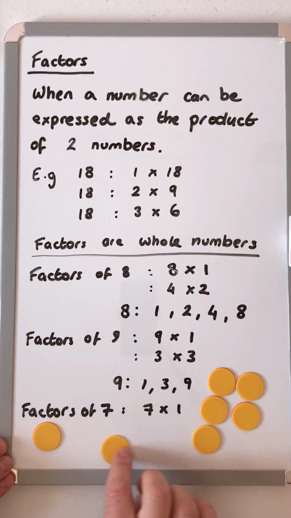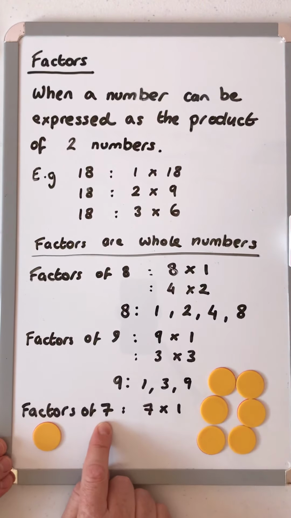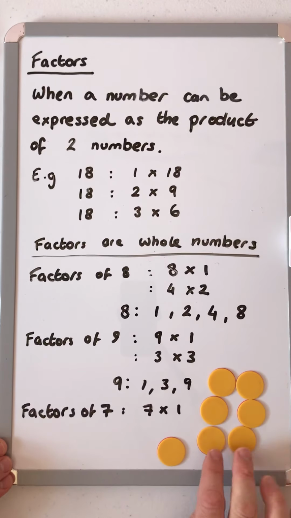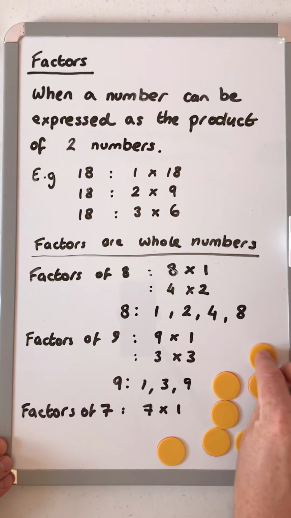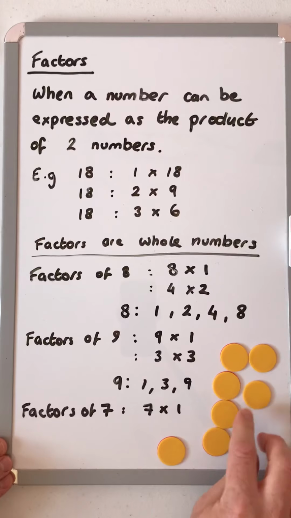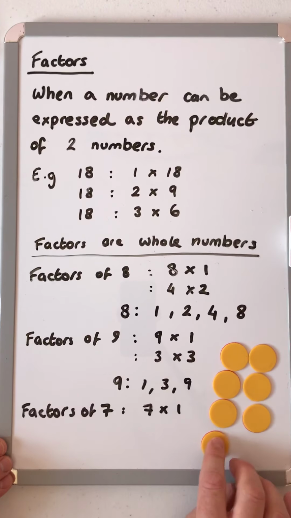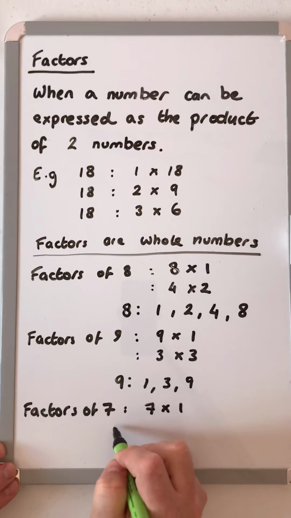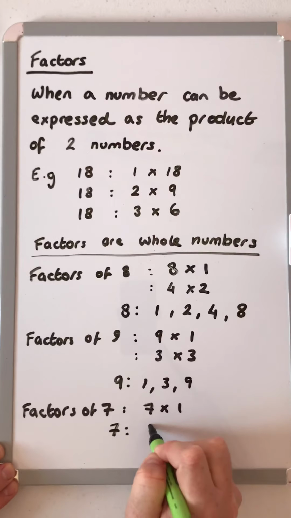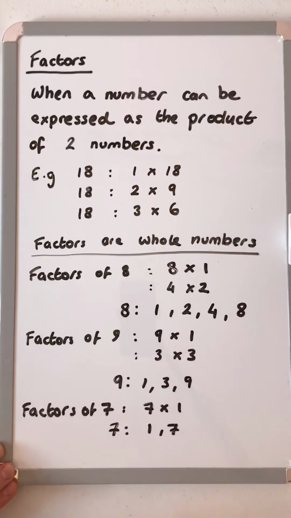Well, you probably noticed that it's not even, so we can't do that array. Can we do anything else? Well, it's going to be 1 short there as well. So really, that is all we have for 7. So the factors of 7 are 1 and 7.